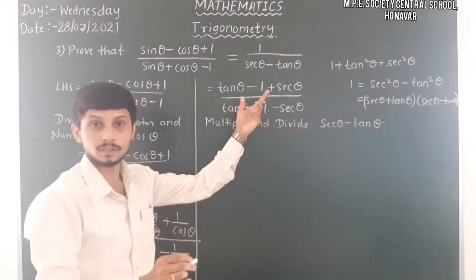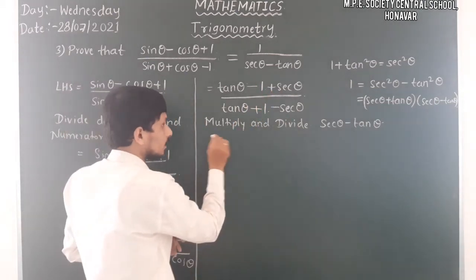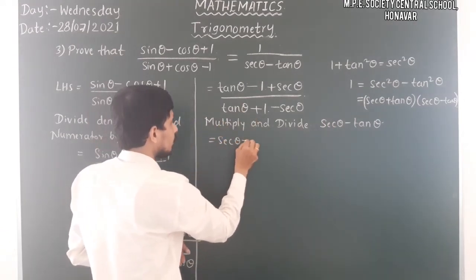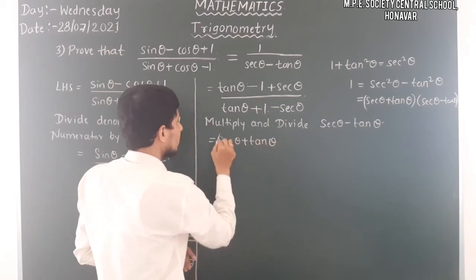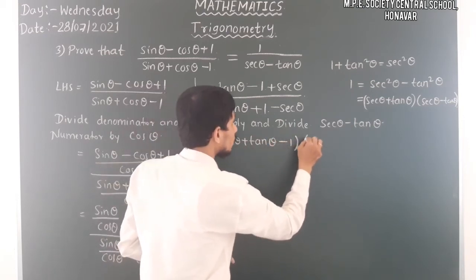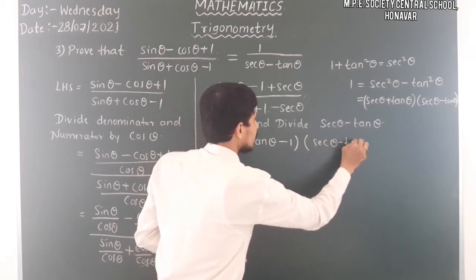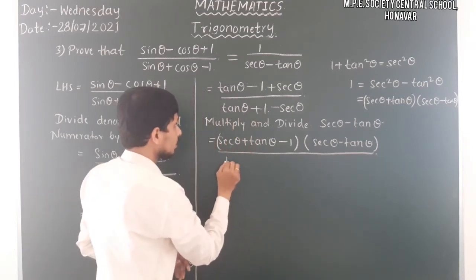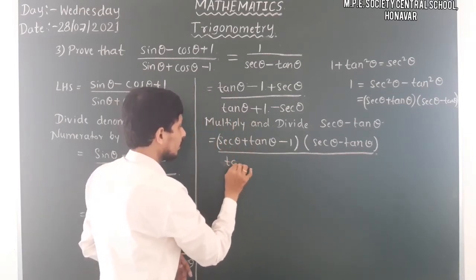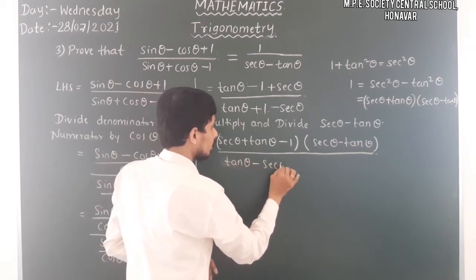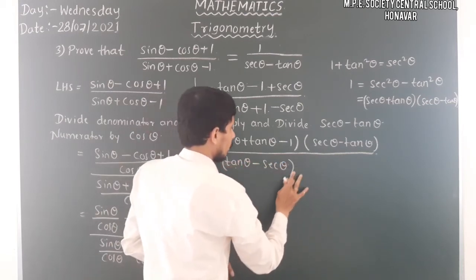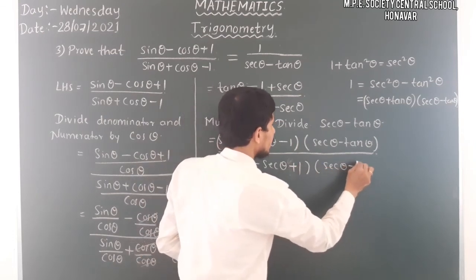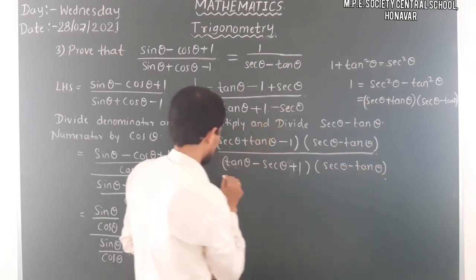That is, firstly I am just rearranging that one. Here I am just writing secant theta plus tan theta minus 1 into secant theta minus tan theta, divided by tan theta minus secant theta plus 1 into secant theta minus tan theta is equal.